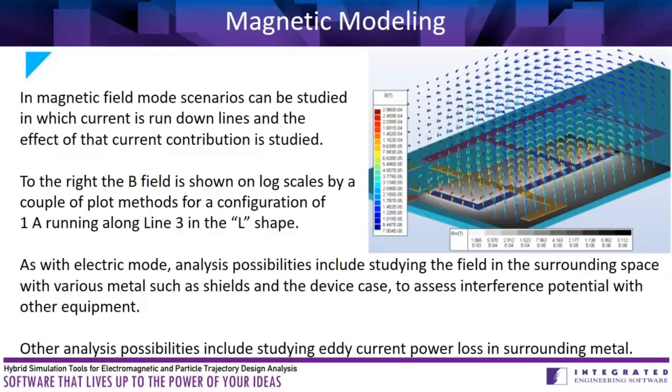So I've put 1 amp running down, as mentioned here, in the L-shaped configuration, so running like this in a kind of backwards L in the direction we're looking at it. And I represent the field visually a couple of ways.